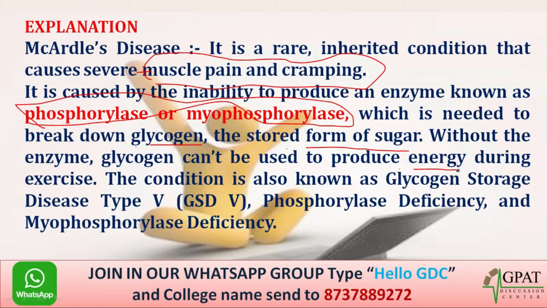If the enzyme is not produced, then glycogen can't be used to produce energy during exercise, and this condition is also known as glycogen storage disease type 5 or GSD 5, phosphorylase deficiency and myophosphorylase deficiency, because it occurs due to phosphorylase or myophosphorylase deficiency.